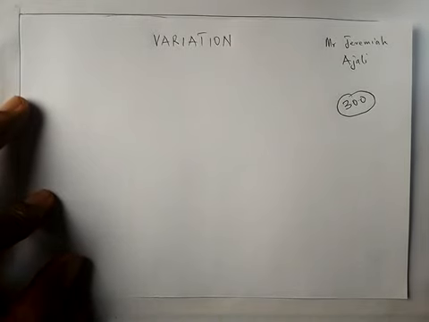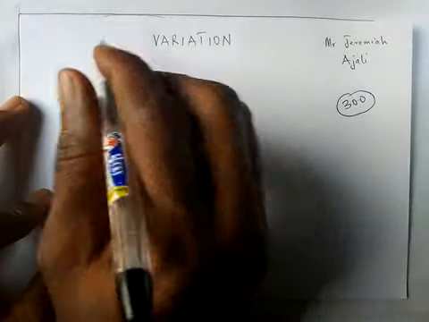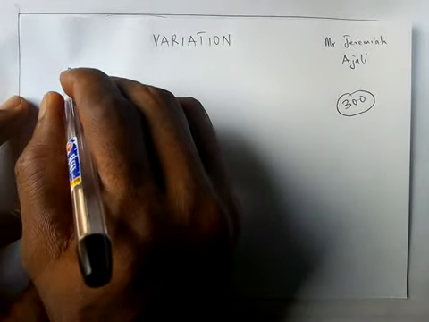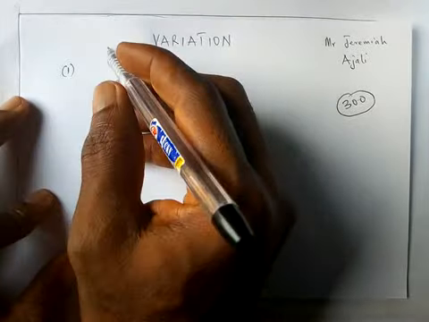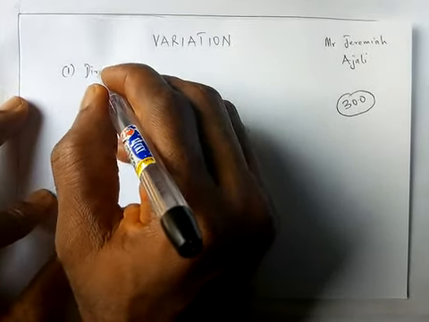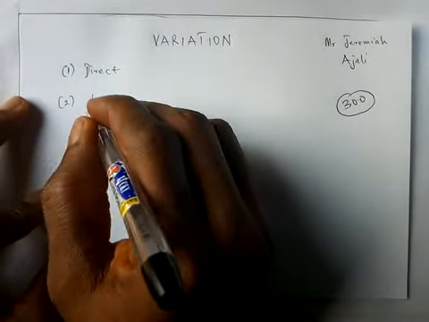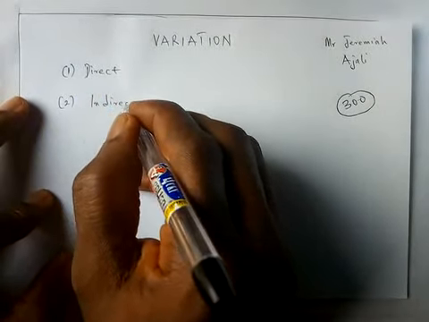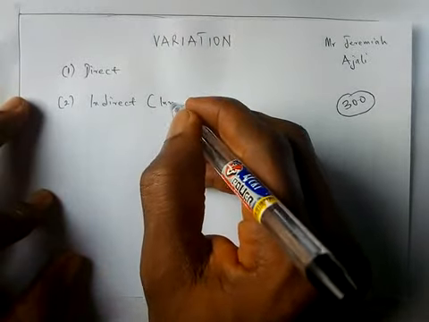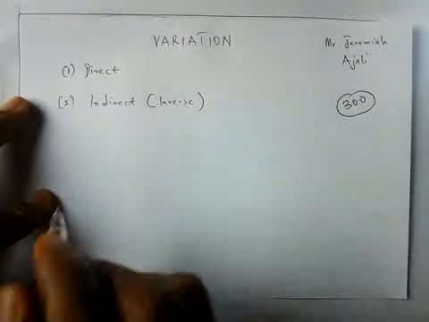Okay, so variation changes as things vary. We have four types of variation in mathematics. We have direct variation, we have indirect variation, also called inverse variation.